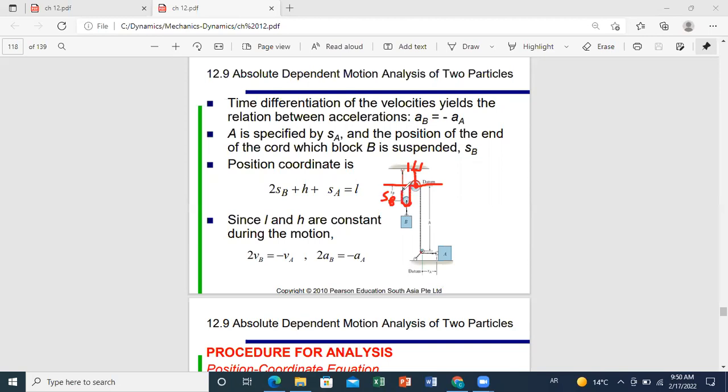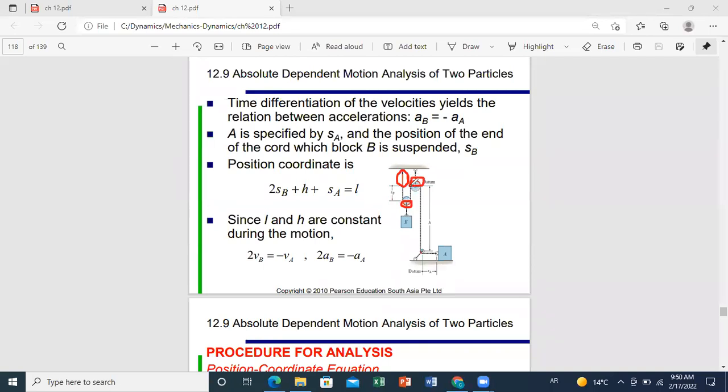Now, if I go up, I'm moving again SB. So this is SB plus SB, which gives me 2SB. And this final part, I can call it H prime. It's a constant, so all constants can be lumped together, as you can see in red here. These parts are constant length parts.